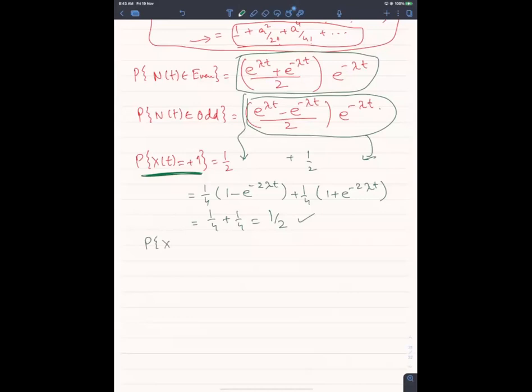Similarly, the probability X(t) takes the value -1, it can take only two values, so this would be 1 minus 1 over 2, which is 1 over 2.